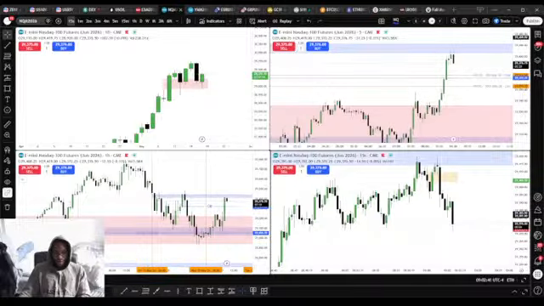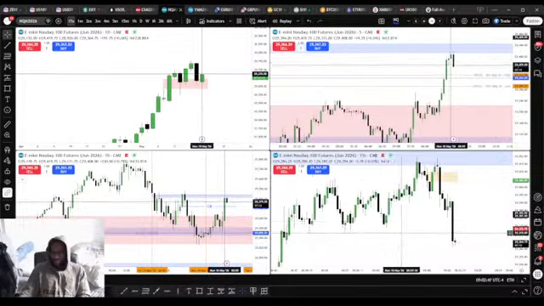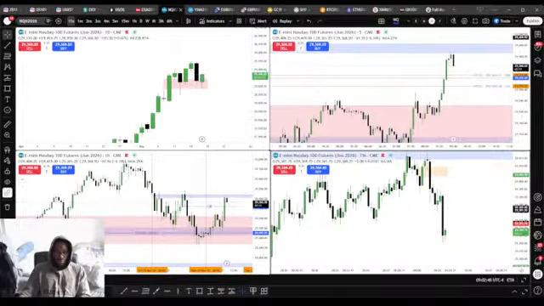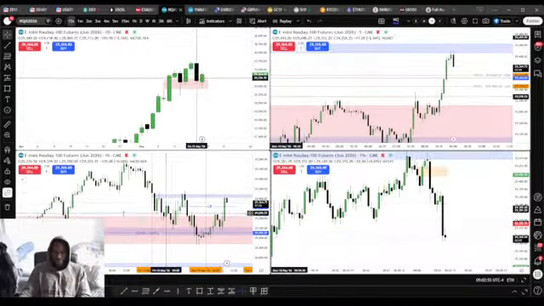But closing out. Order filled. 116 in the bag. I thought I went short at the wrong time. I actually had my stop loss up there for a minute.